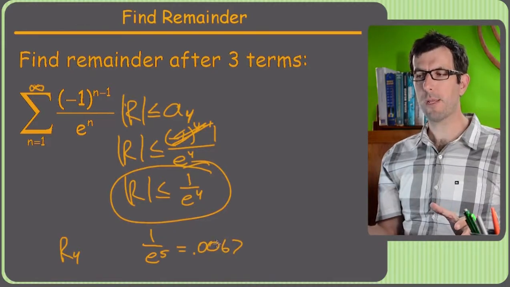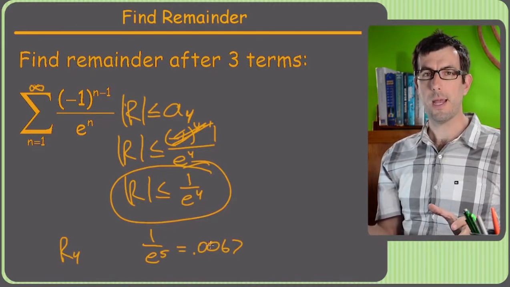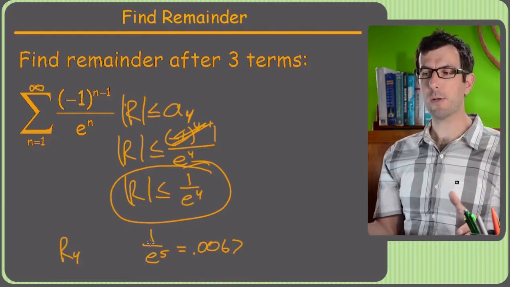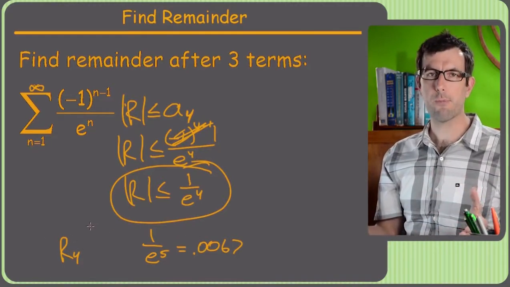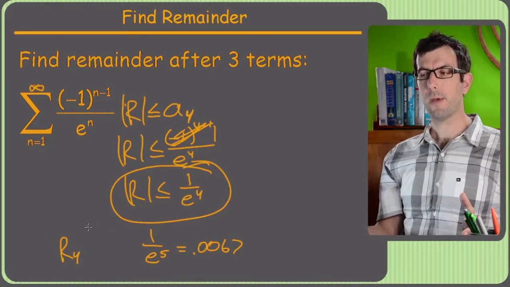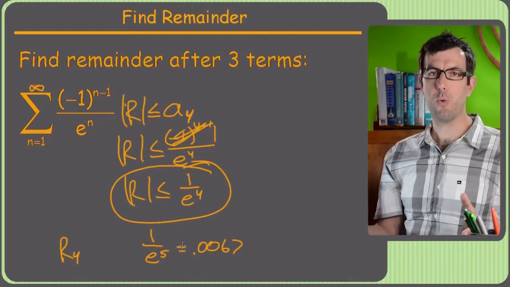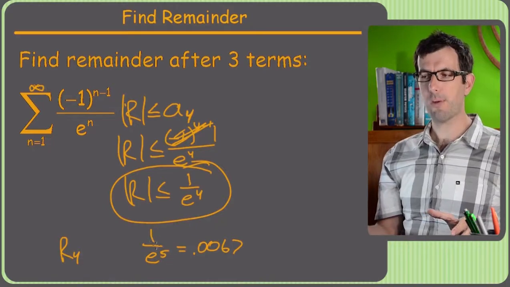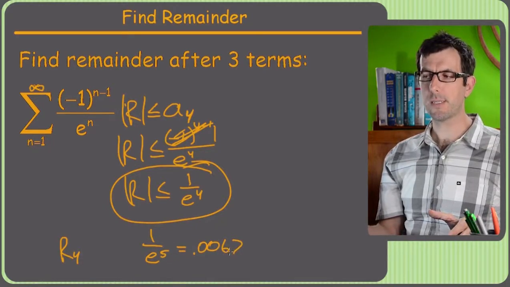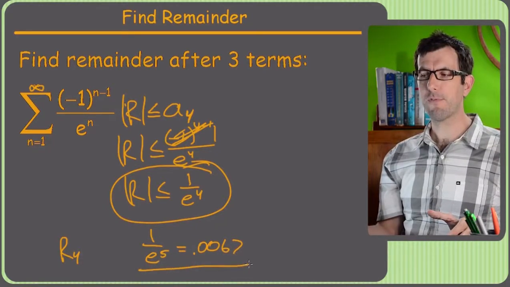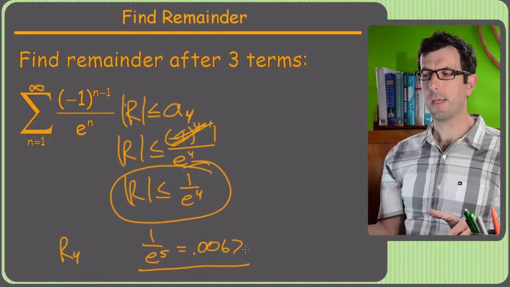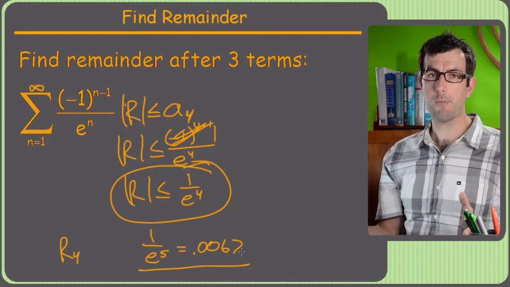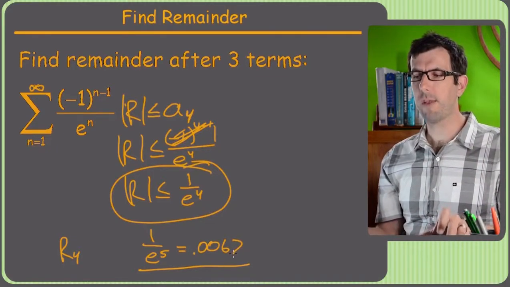So they could ask me some random question like, how many terms do I have to plug and chug through and add together before I'm within 1/100th, or 0.01, of the correct sum? And the answer is we just plugged in 1 over e to the 5th and we got 0.0067, meaning the error after 4 terms is less than 0.01, which means we're within 0.01 of the final sum.